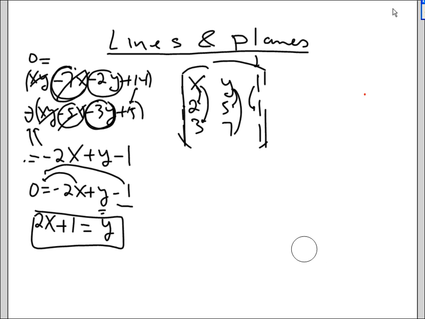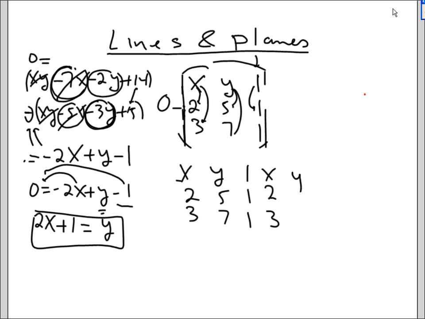Now, just remember that the determinant equals 0. So you write down the determinant x, y, 1, 2, 5, 1, 3, 7, 1, and then you repeat the first column, and then the second column.